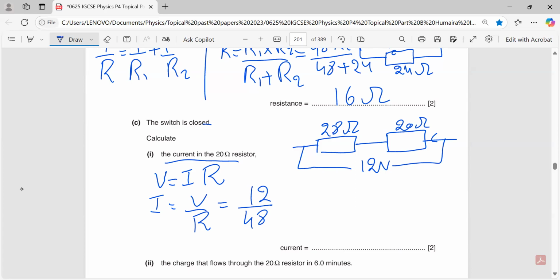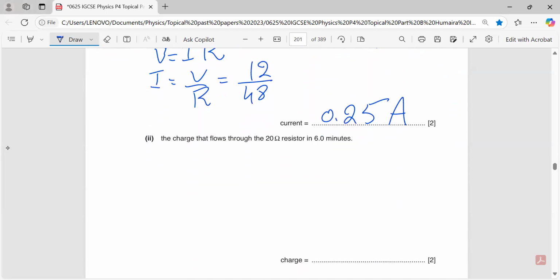After using the calculator, you can figure out that the value of current is 0.25 and the unit is ampere. The next part is that you have to calculate the charge that flows through the 20 ohm resistor in 6 minutes.